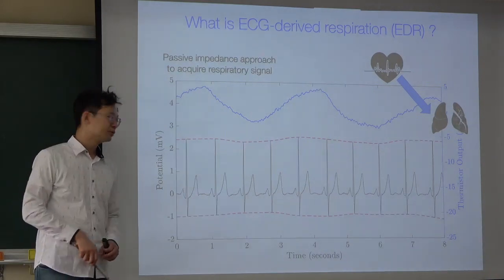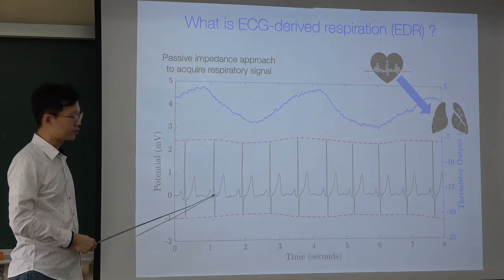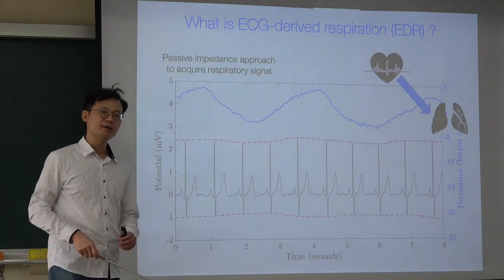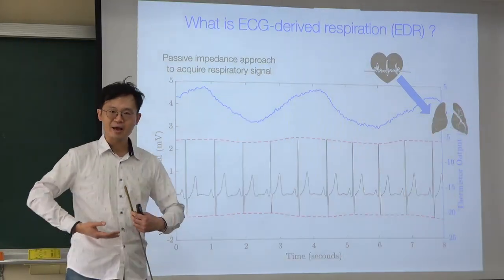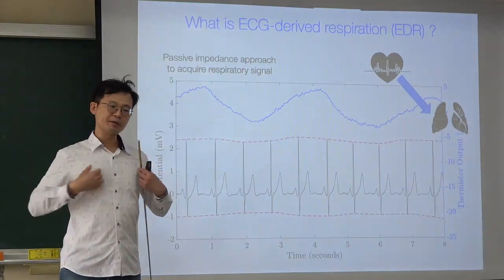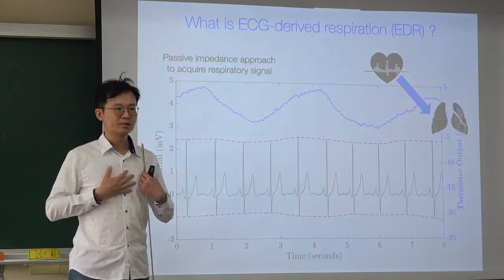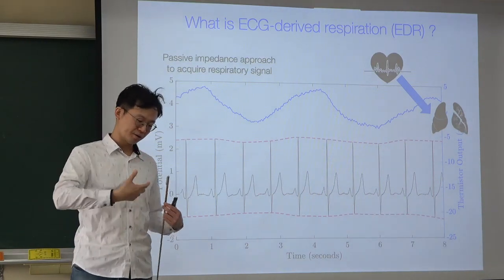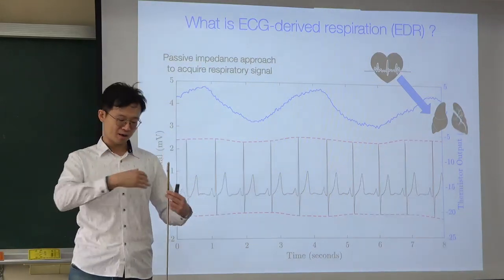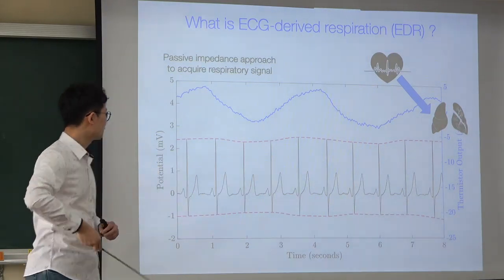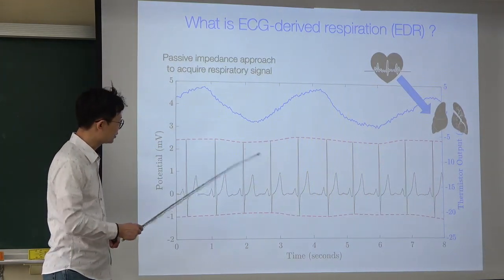It is a signal you can obtain from your ECG signal, the electrocardiogram. And the mechanism is very simple. Imagine that you are breathing and you inhale, then your chest will be filled with air. And the air will have higher impedance, so that the electrical activity inside the heart will become weaker on the surface, so the recorded ECG signal will have a smaller amplitude.